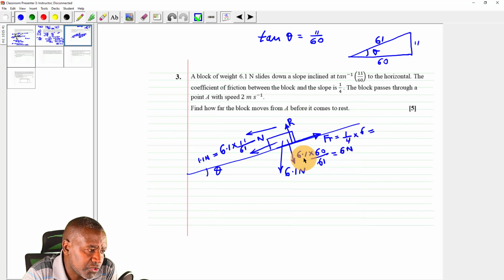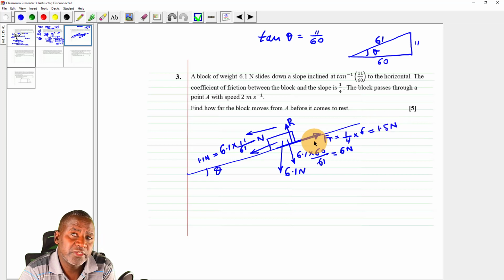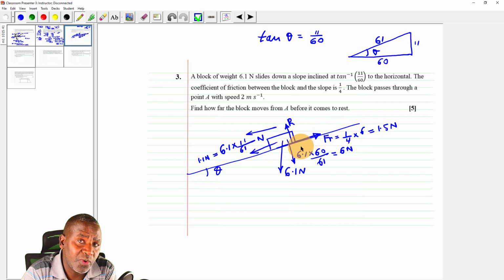Here I'm going to get 3/2, which is 1.5 newtons. You can see how values are working out here.